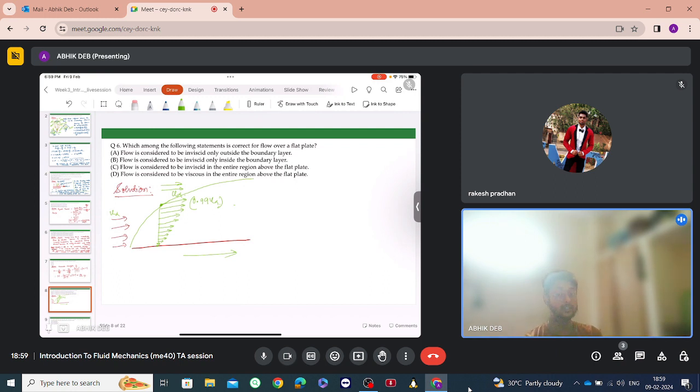So inside the boundary layer, we cannot assume the flow to be inviscid. But outside the boundary layer, where there is no change in the velocity, we can consider the flow to be inviscid for the analysis of that region. But inside the boundary layer, we cannot consider the flow to be inviscid, because it is the viscosity itself that results in the formation of this boundary layer.